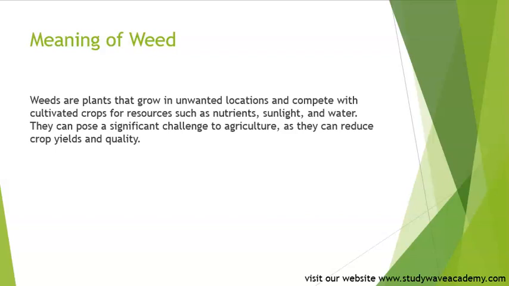We understood that, right? Good. So weeds are like those plants in your garden or farm that you didn't plant on purpose. They grow where you don't want them to grow and can cause problems because they take resources like water, nutrients from your crops that you want to grow.